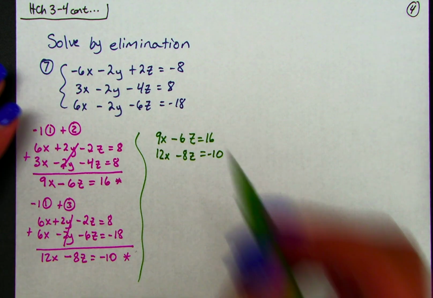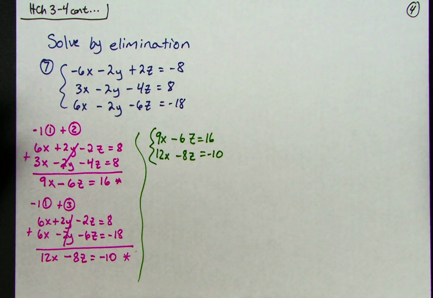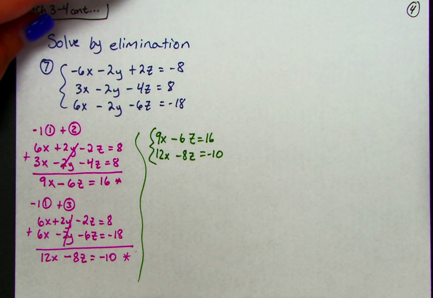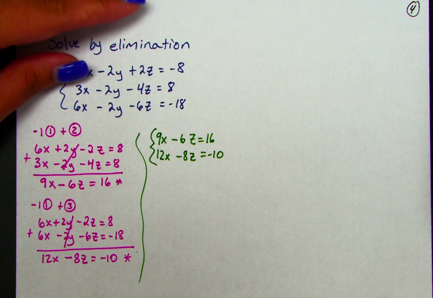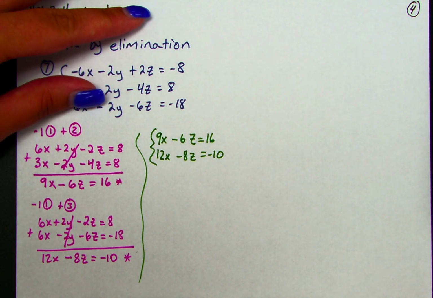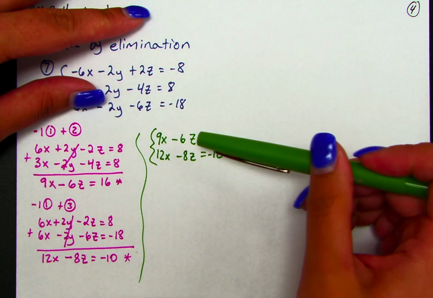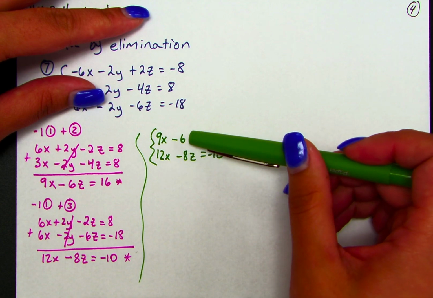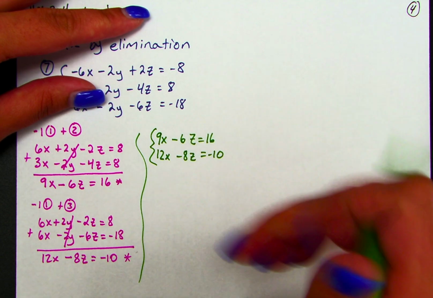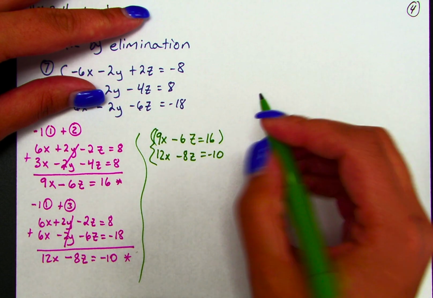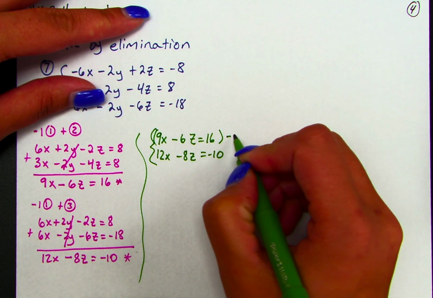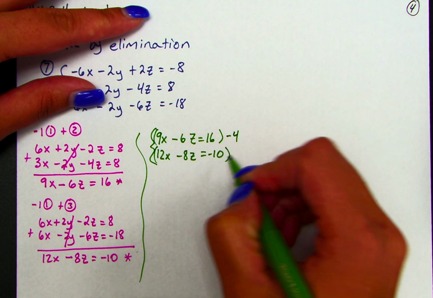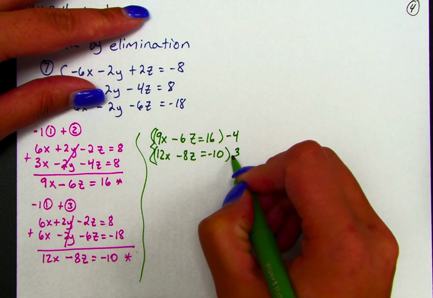Now I'm deciding if I want to switch to substitution or continue with elimination, and I'm going to choose to continue with elimination. I'm going to decide to eliminate the x's. Actually, no, I changed my mind. I'm going to eliminate the z's just so I have smaller numbers. 6 and 8 both divide into 24. So I'm going to take my top equation times, let's do -4, and then the second one times 3.